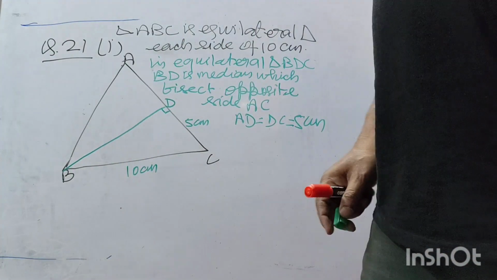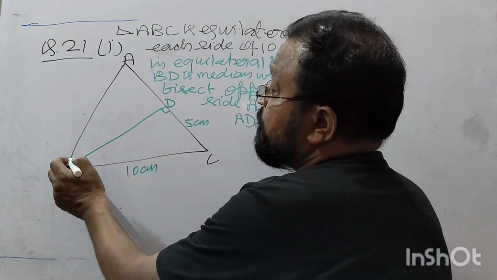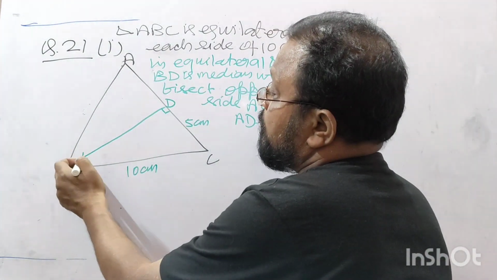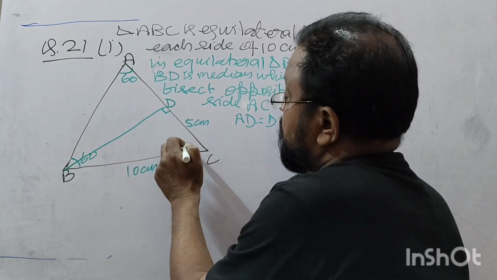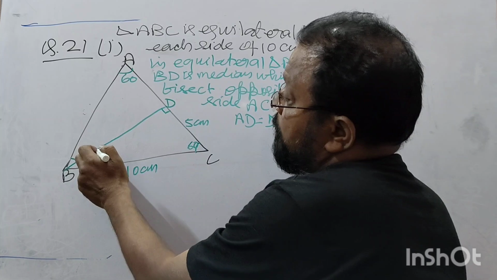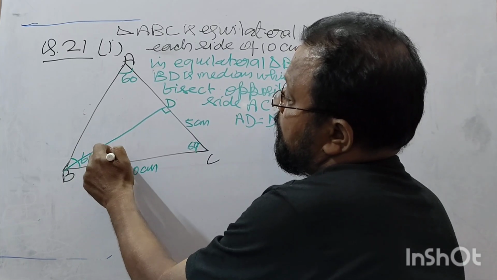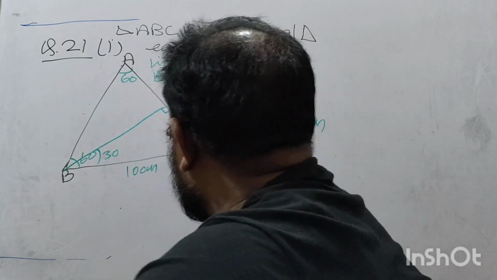Right? Where angle is 60 degree, this is of 60 degree. Angle D is 90 degree. Now what? CD is equal to 6 centimeter.